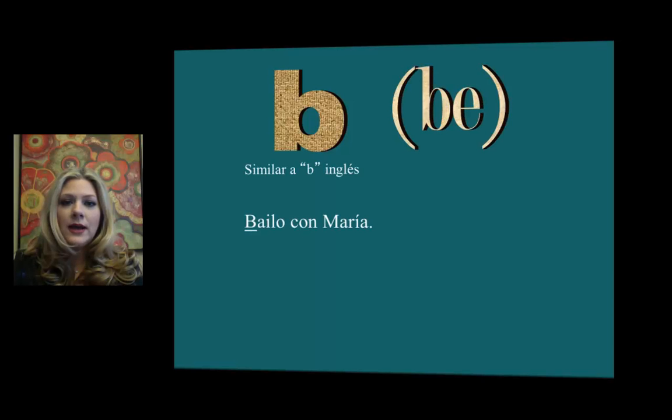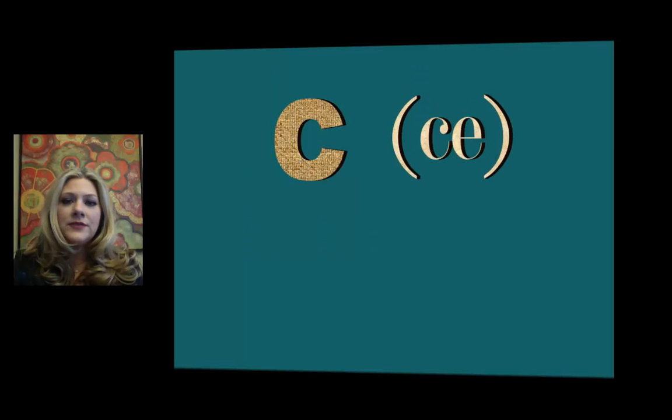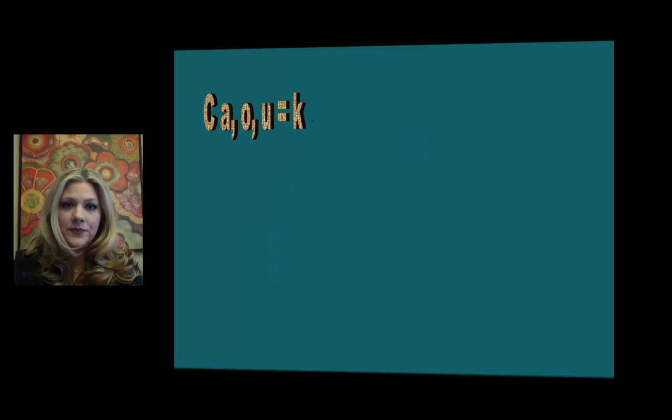B es igual al inglés: bailo, bueno, hablan bien, un banco. C has different pronunciations. It could either be pronounced like a K, como en casa, or an S sound like in cinco. And it depends on which vowel follows the C. So if the vowel A, O, or U comes after C, then it's a K sound, like casa, copa, cura.